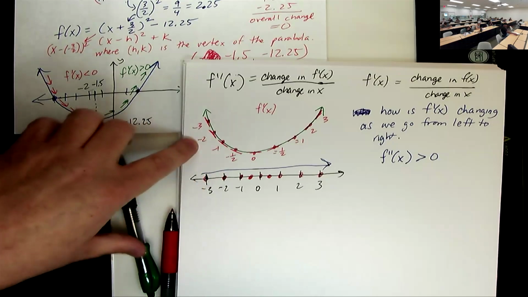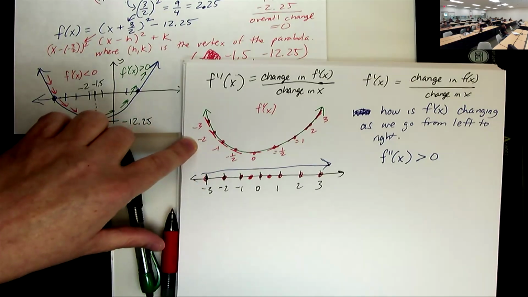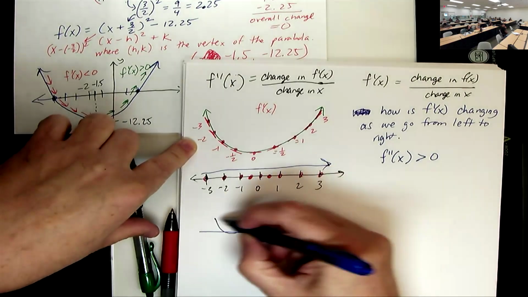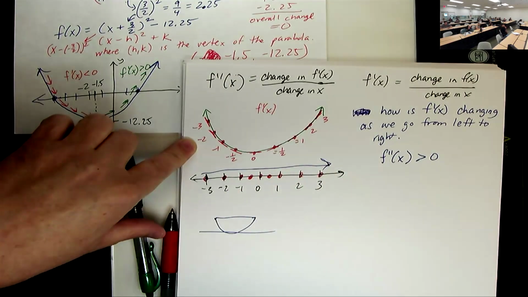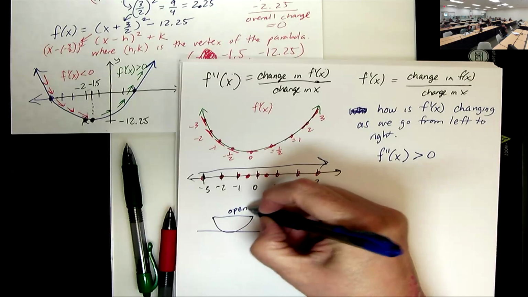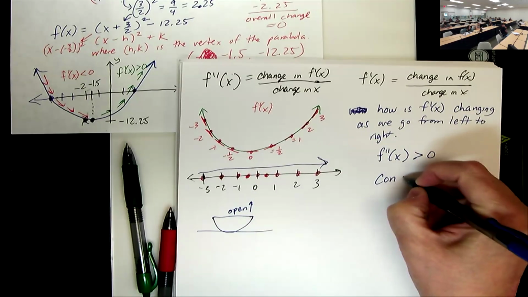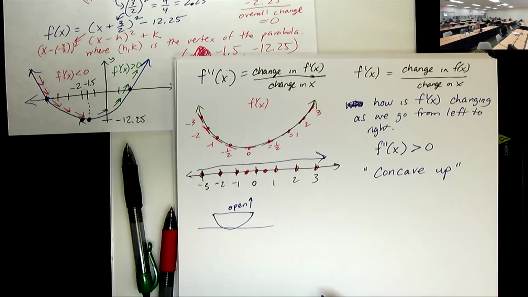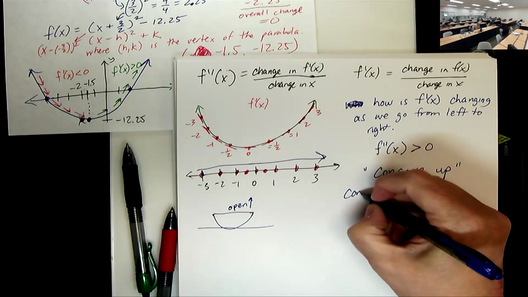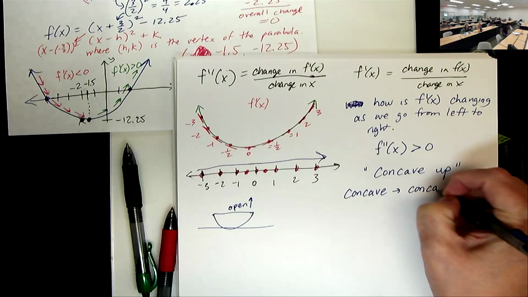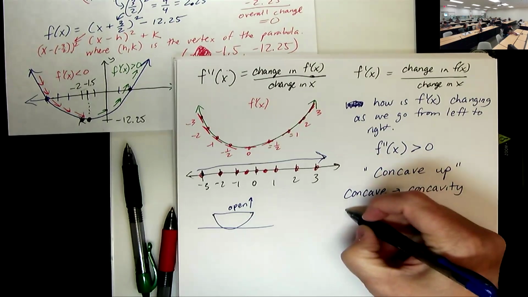If this were a bowl sitting on a table, which way would you say the bowl is facing? Like if you had a little table and you had a bowl sitting on it, which way is the open part of the bowl facing? Up. The open part is facing up. We call this concave up. Concave is part of concavity, which measures curvature.